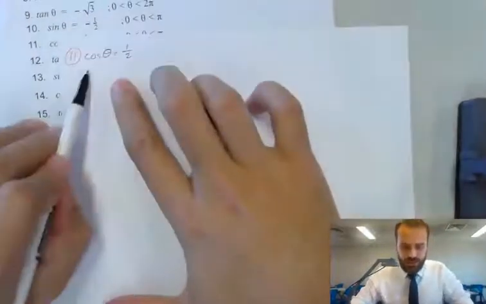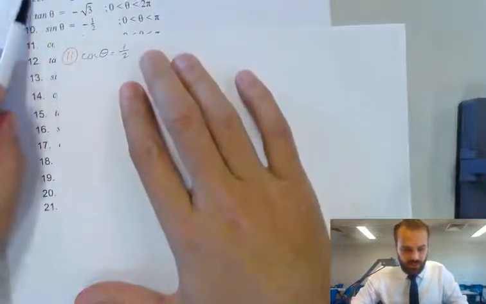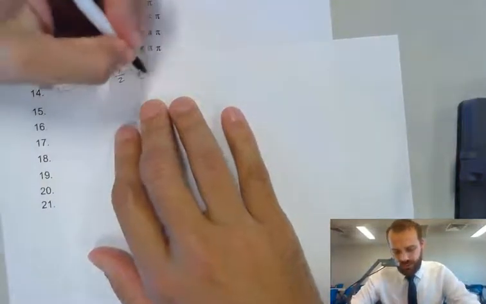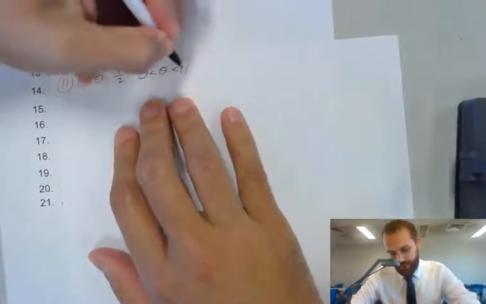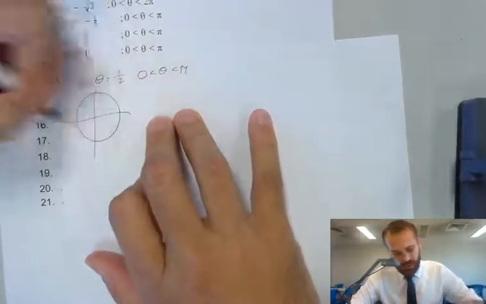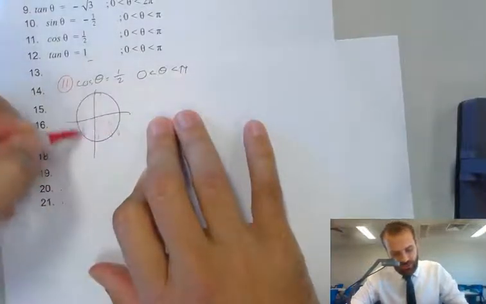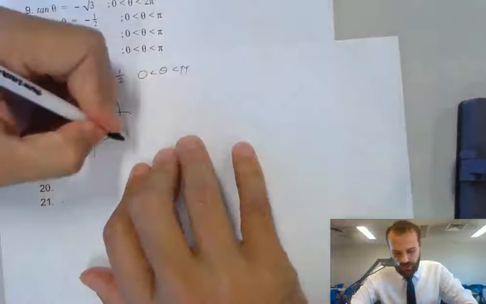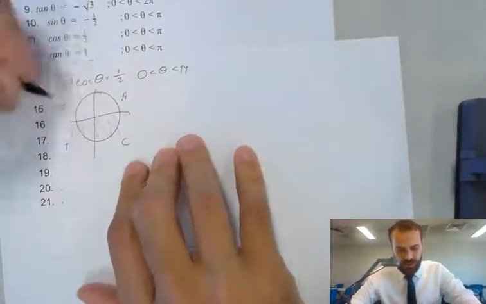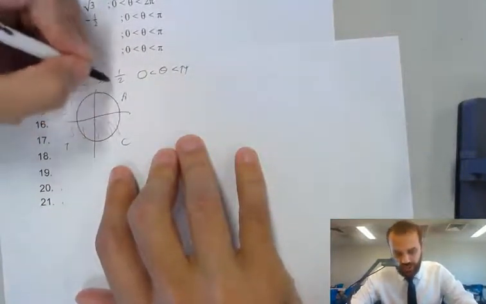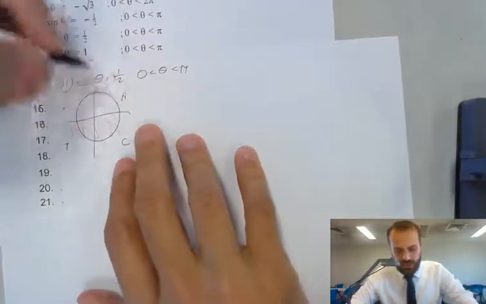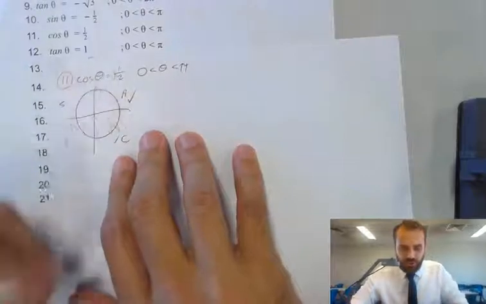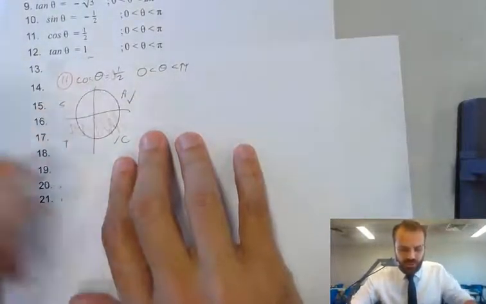So our next question is cos theta equals 1/2. 11, cos theta equals 1/2, and it's between 0 and pi. So again, circle, C-A-S-T, but we're only interested in the top half because it's 0 to pi. C-A-S-T. It's a cosine question and it's positive. So it's going to appear in the all quadrant, and it would appear in the cosine quadrant, but you can see we're ignoring that.